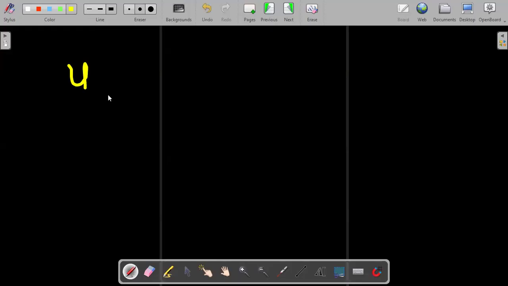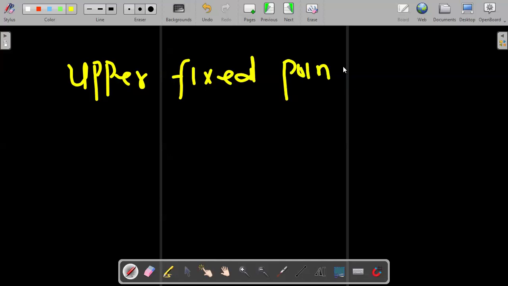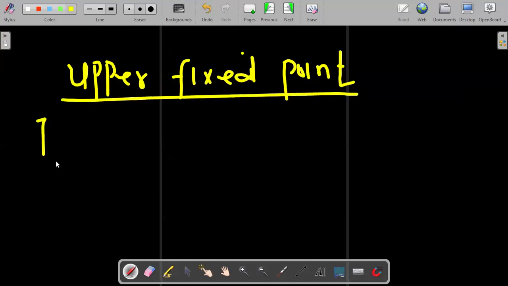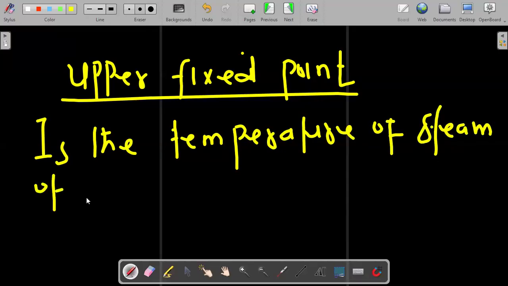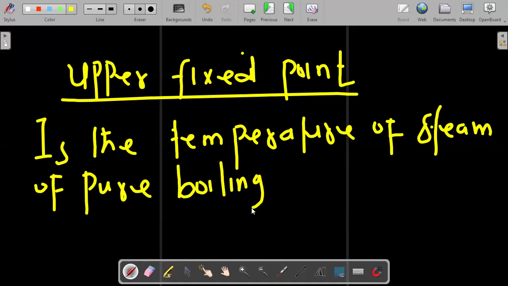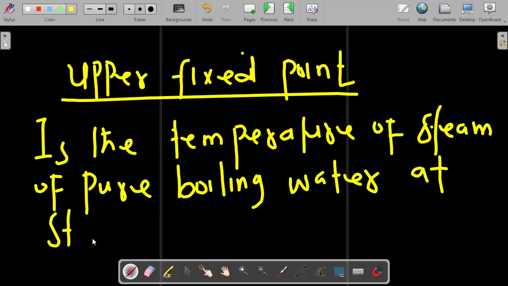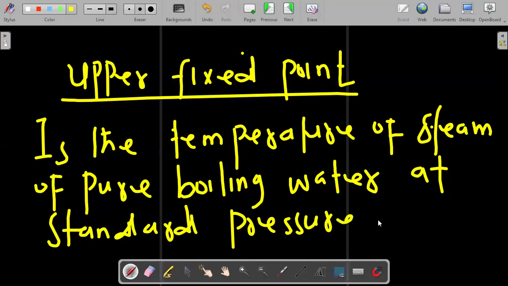The upper fixed point is the temperature of steam of pure boiling water at standard pressure of mercury.